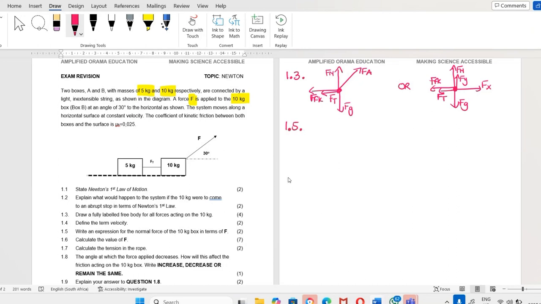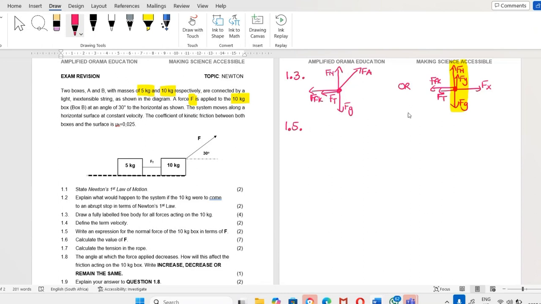1.5 says we must write an expression for the normal force of the 10 kg box in terms of F. So obviously, if we look at our free body diagram, there are three vertical forces, and two of those forces are pointing up in the same direction.